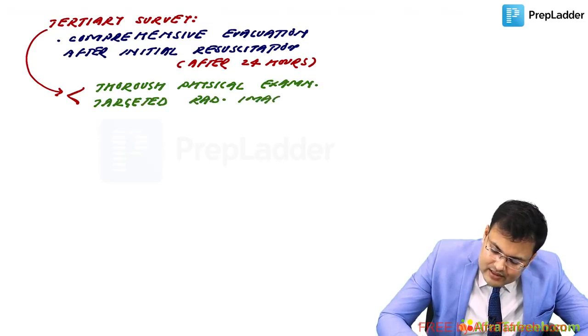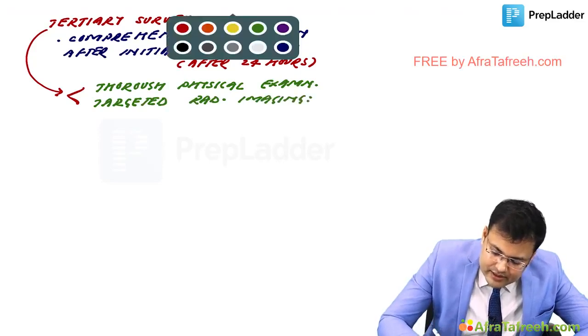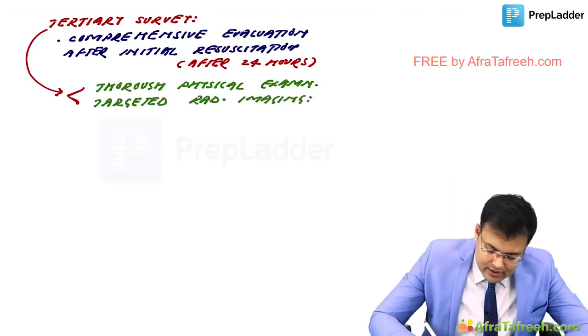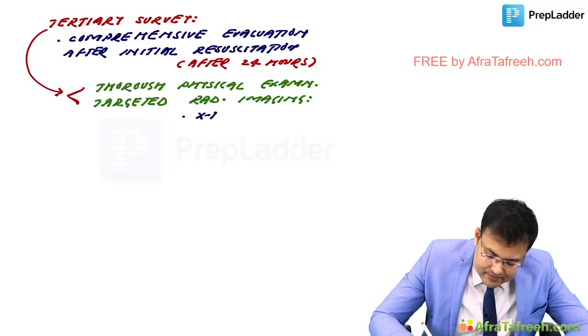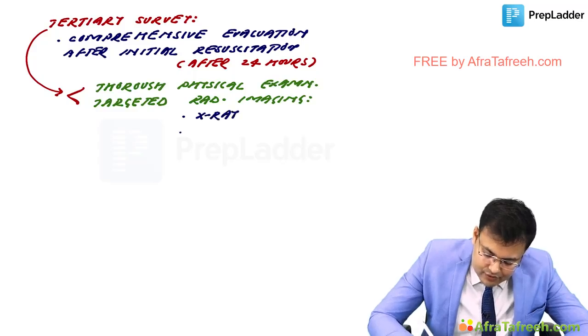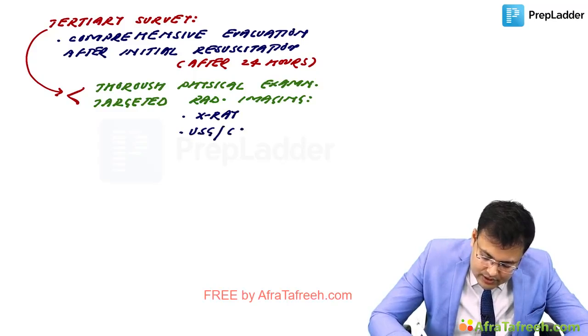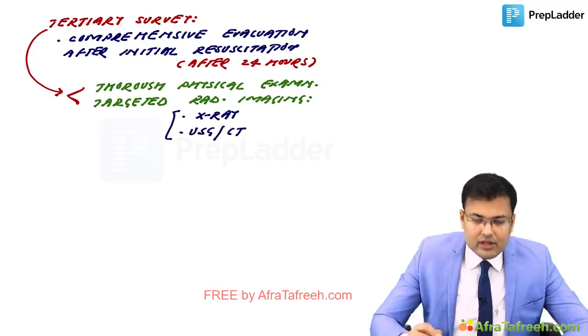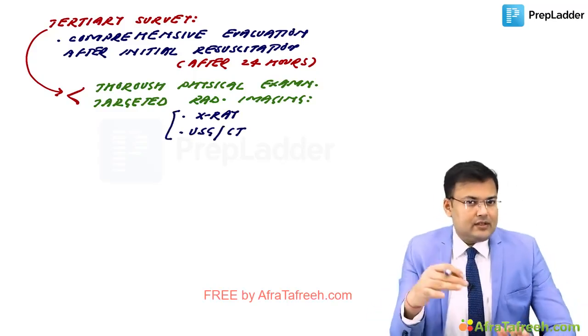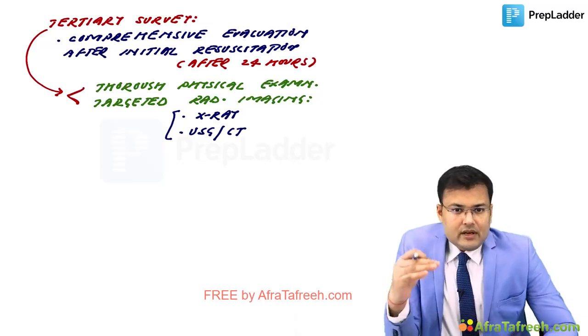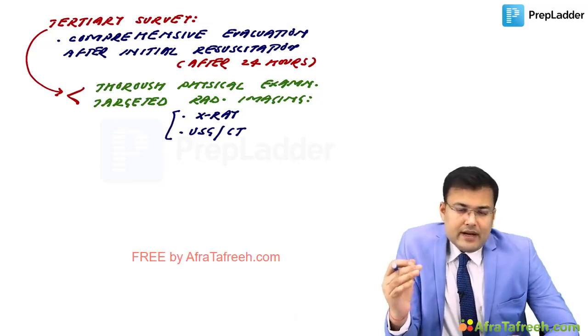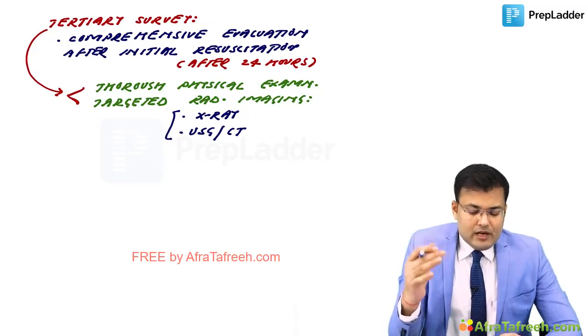Clear? And generally in tertiary survey, which investigations are done? So we go for chest x-ray, we go for ultrasound or CT. All these investigations are based on the findings of physical examination. Now what is the advantage?